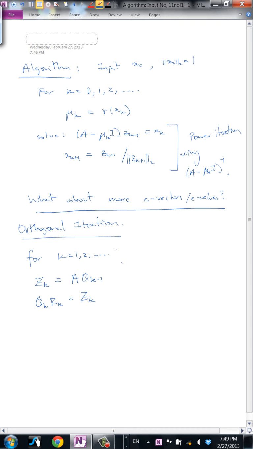So what this does is it produces an estimate Q0, Q1, Q2, etc., where each Q_i is an n by m orthogonal matrix.